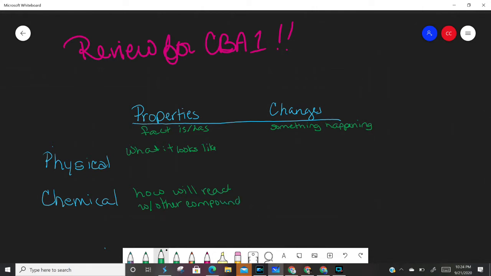Okay, so our physical change would be going from one phase to another. So if it's melting, that is a physical change. However, melting point is a property.